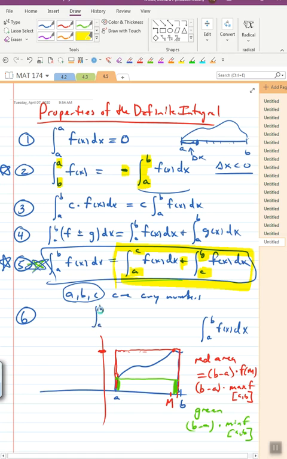What can I say about the value of the definite integral? What's it between? And we've actually used this idea a couple times before. Well, that definite integral is the area under the curve, right?